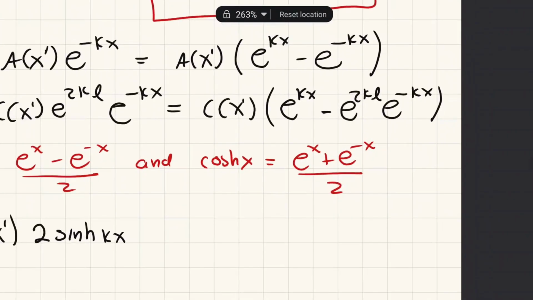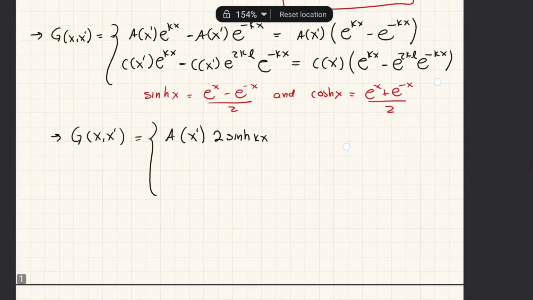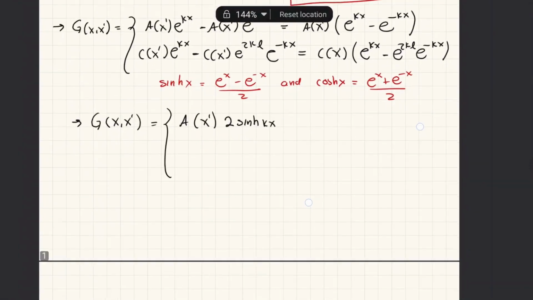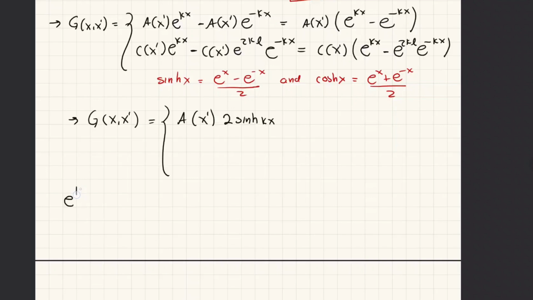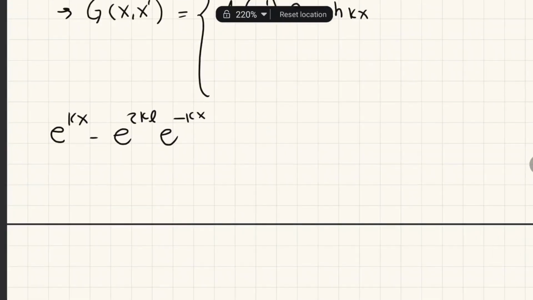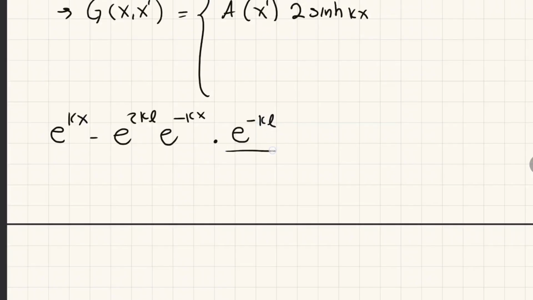So now let's work a little bit with this expression that we have here. So what are we going to get in that step? Well, we have e to the kx minus e to the 2kL e to the negative kx. So what we are going to do here is to multiply on the numerator and in the denominator by e to the negative kL.